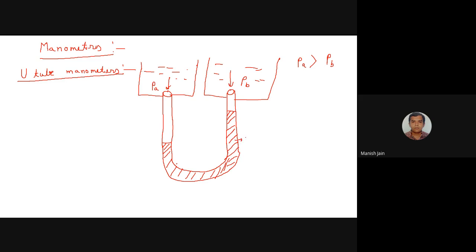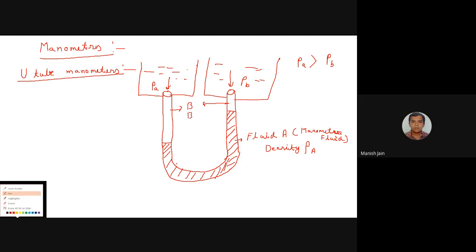So this is called fluid A, with density rho A. Above the manometer fluid, you have the other fluid, which is B, and it has the density rho B. This fluid has the density rho B.